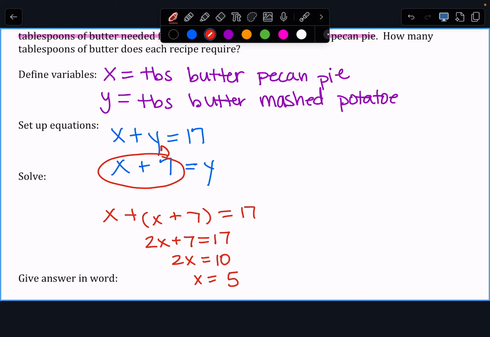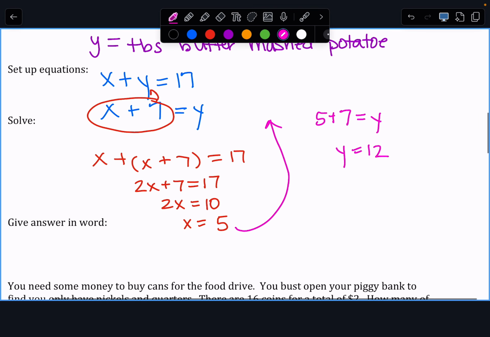Which means what's Y? 12. Okay. Now, do you think I want you to give me the coordinate 5, 12? No. What I want you to do is tell me that we need 5.